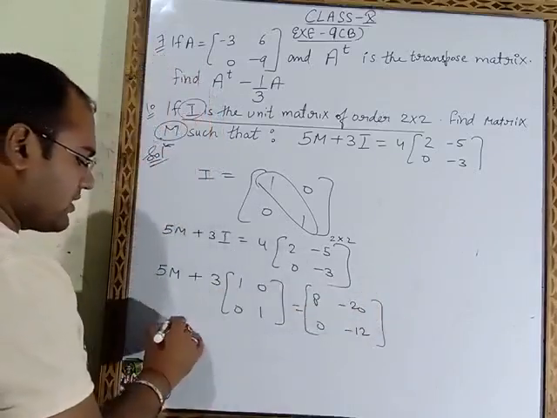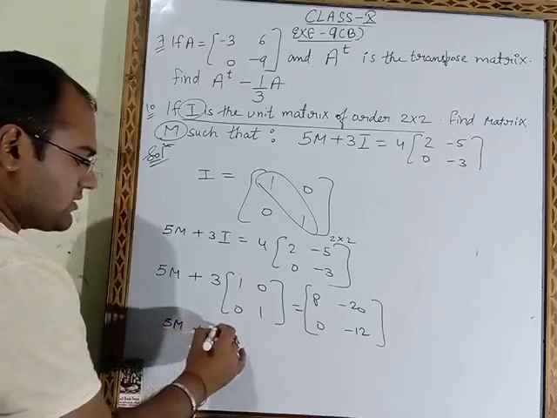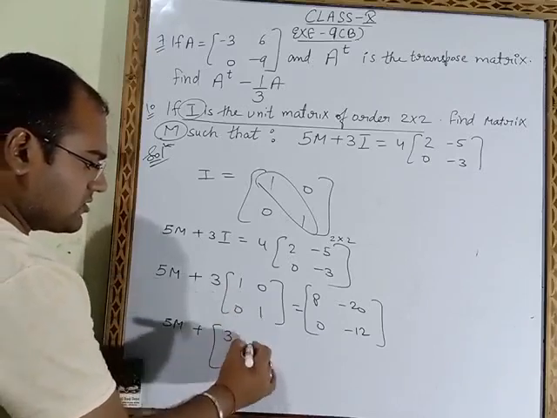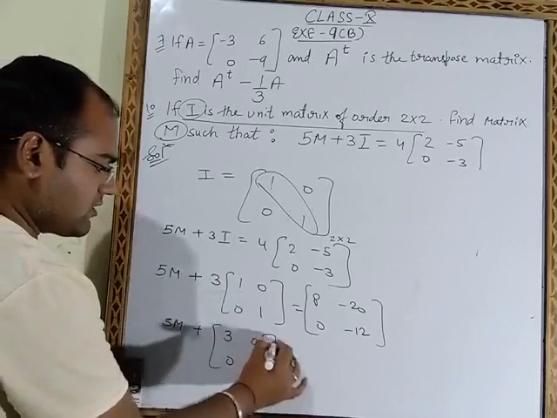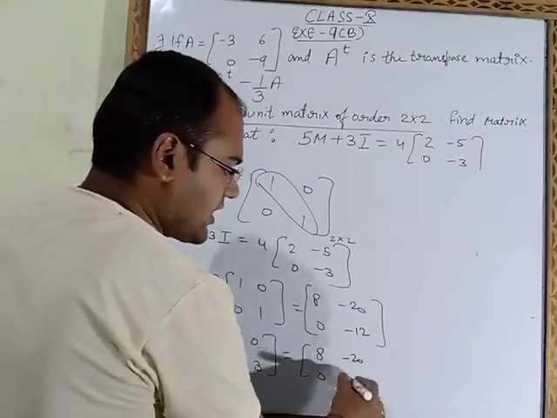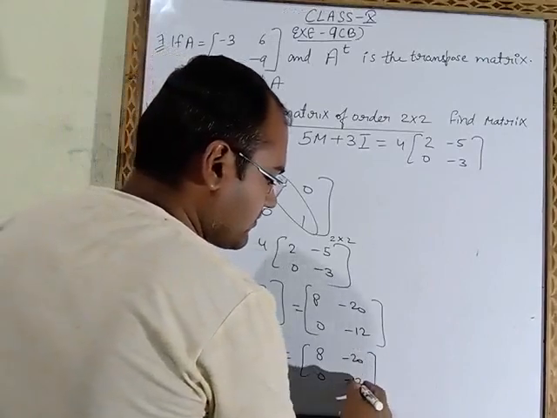Here also we have to multiply: 5M plus 3 into 1 will be 3, 3 into 0, 0, 0, 3 ones are 3, is equal to 8, 0, minus 20 and minus 12.